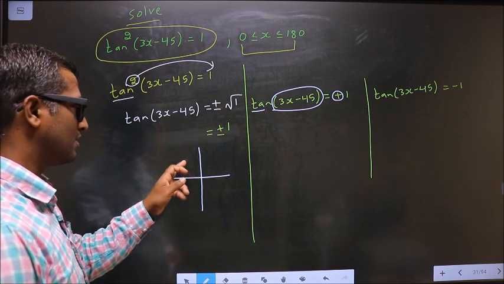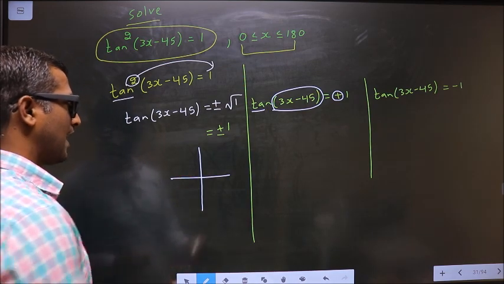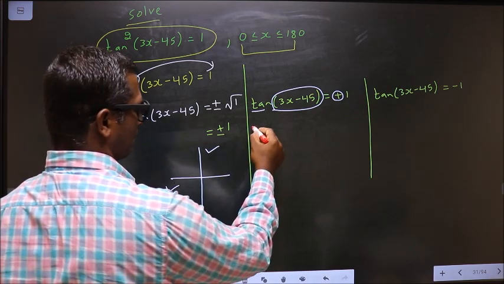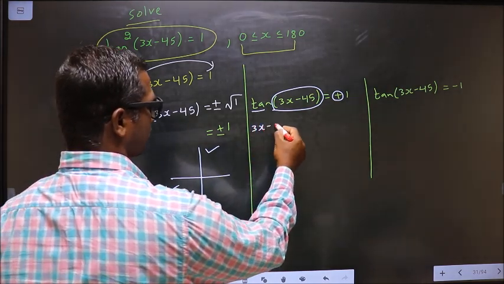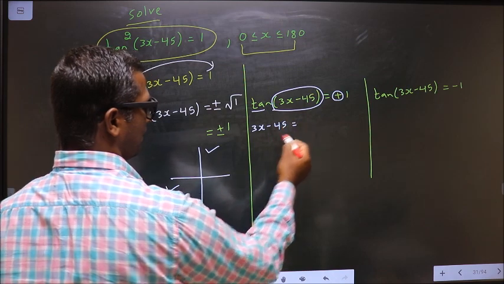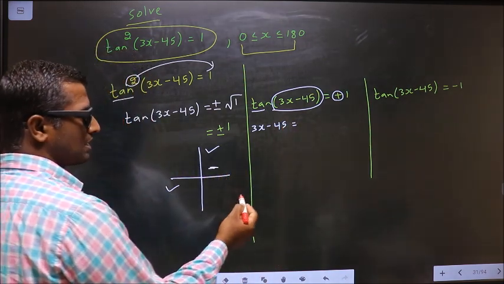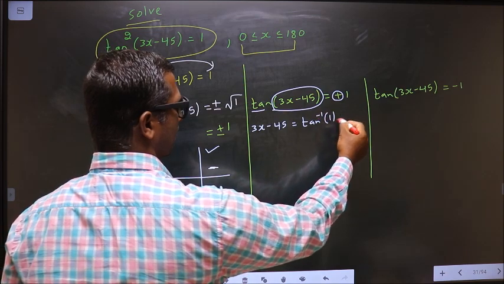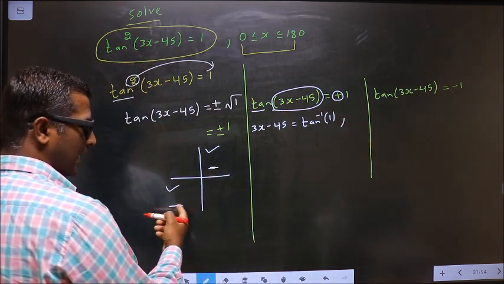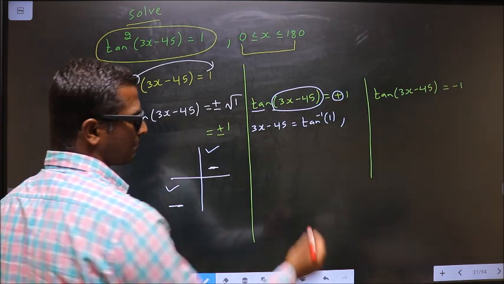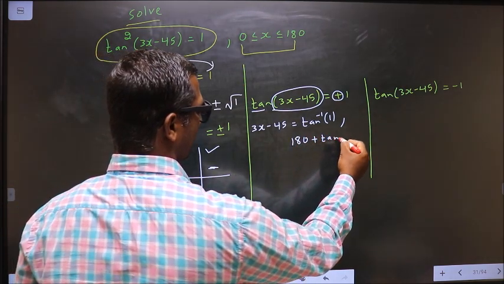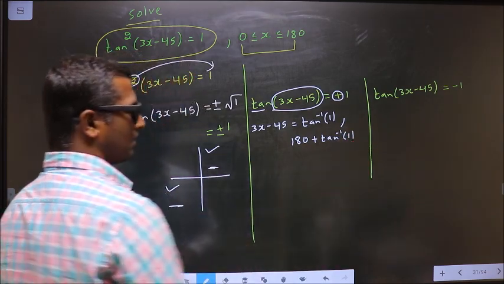It is All Silver Tea Cups. Tan is positive in the first and in the third. So 3x minus 45 equal to, to get an angle in the first quadrant, we should do directly tan inverse 1. To get an angle in the third quadrant, we should do 180 plus tan inverse 1.